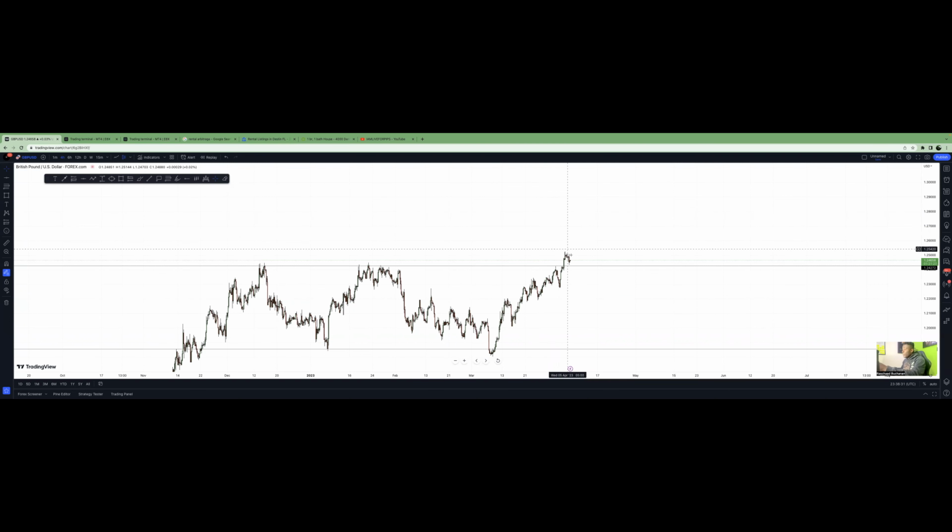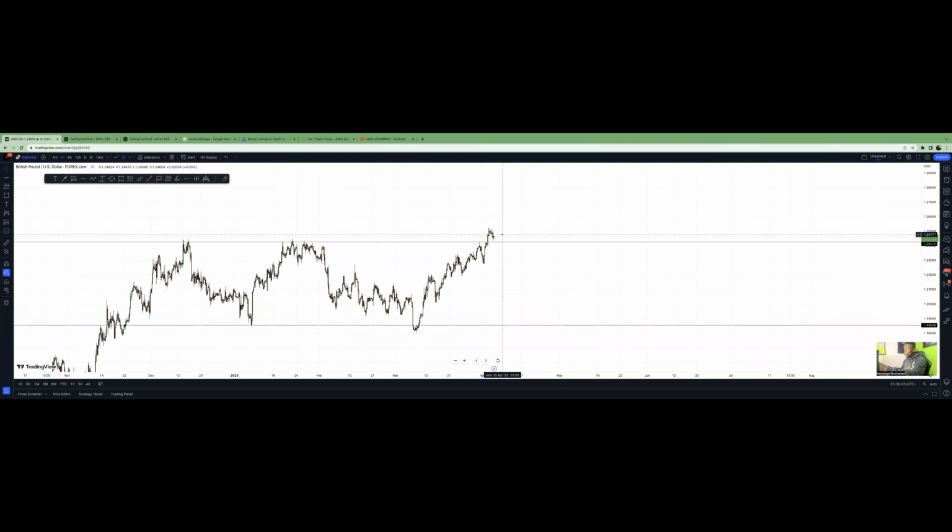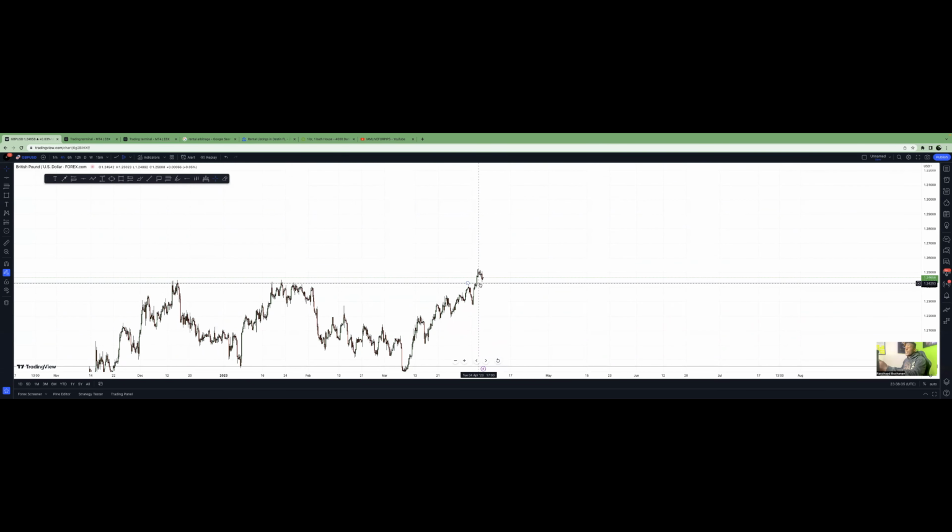So once we get this break or retest right here, what are we looking for next? Yes, we understand it's a boom, boom, we're expecting a break and retest. But guess what? If I'm looking for a bullish setup, what am I going to be looking for? I'm going to be looking for positive news events that support the pound, right?